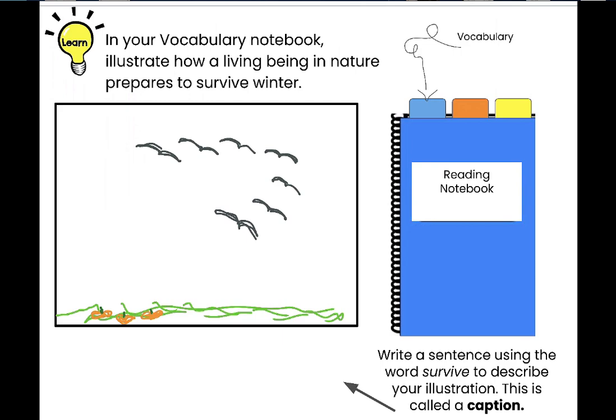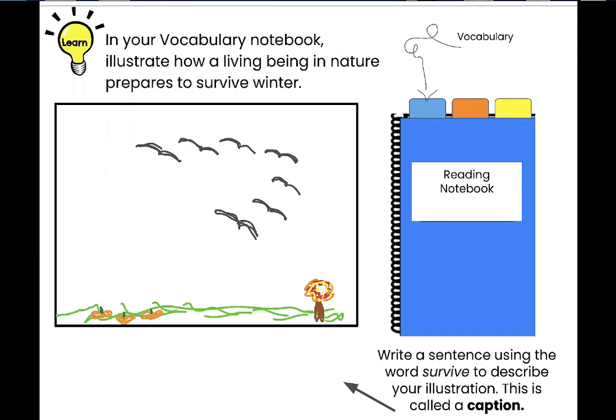Maybe I'll draw some trees changing color. Some trees. Now I'm making them small because these birds are flying up above. So they're kind of far away up in the sky. Maybe I want to make my trees, since it's fall, I'll add some fall colors. Maybe some yellow, red, orange. There's my tree. Okay, so I have some birds flying south for winter.